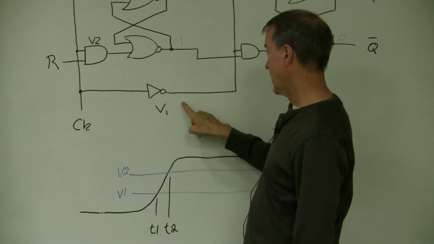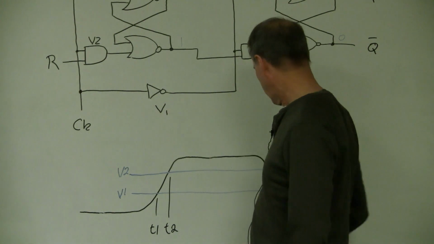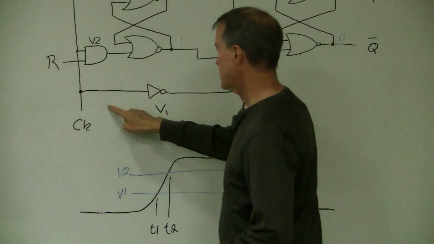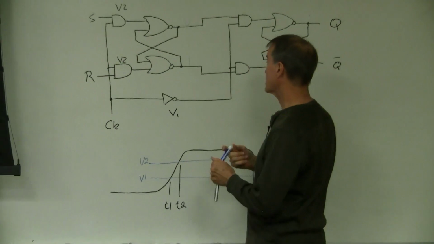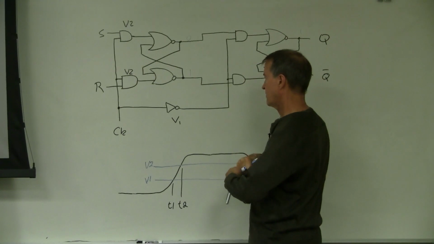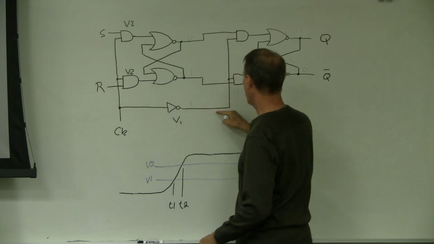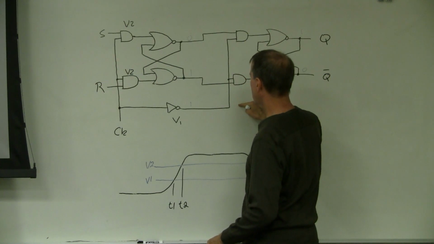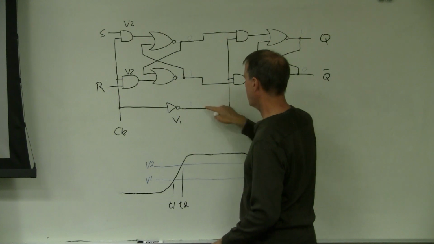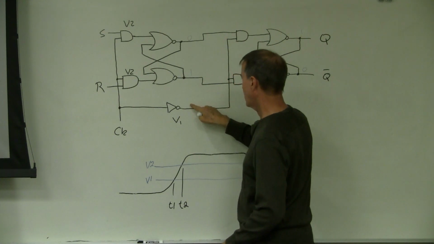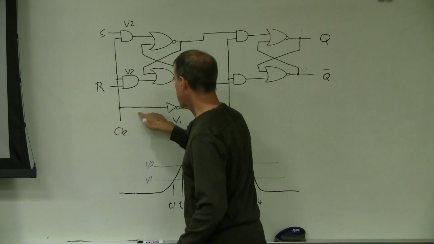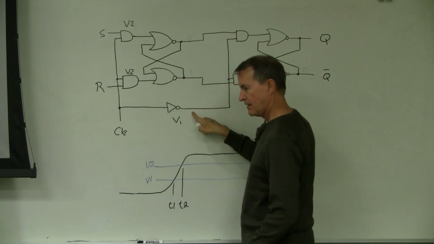And what's the output? So this V1 is going to flip. This is 0. Now this V1 is going to become what? 1. This V1 is going to become 1. All right? And what is this? That's what we just did. Sorry, wait. No. The clock is 0 and this is 1, right?